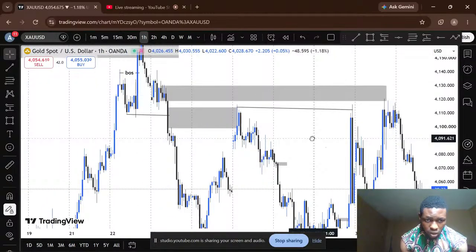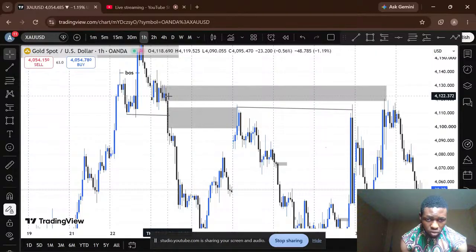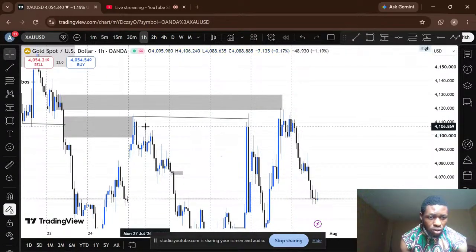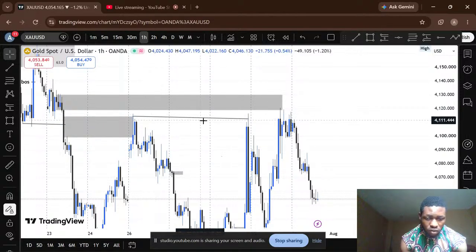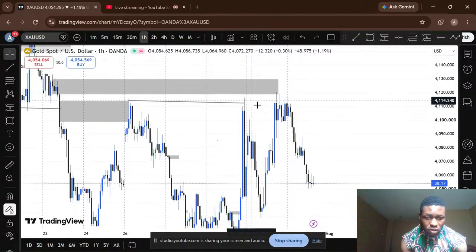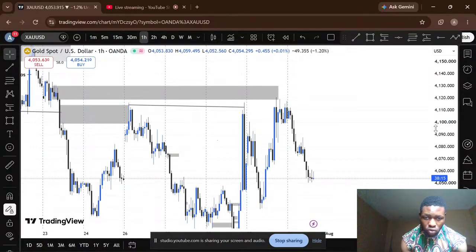I don't know if you are seeing the order block. This is the order block. Now price came here and the person that put a stop loss here, it will clear the person off. Not just that, it still came back up, showing that it's not ready yet, it's not done yet.